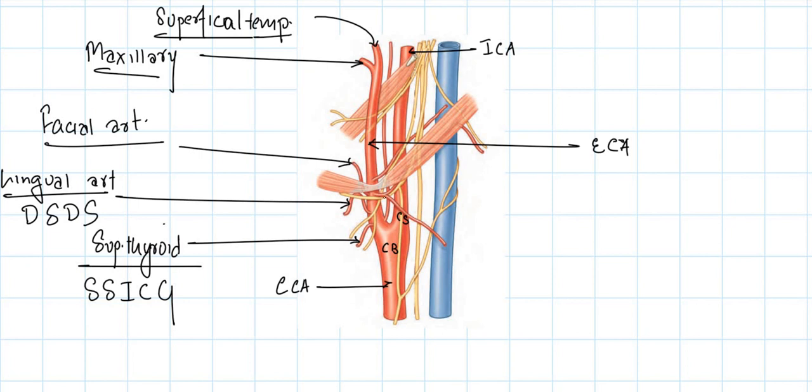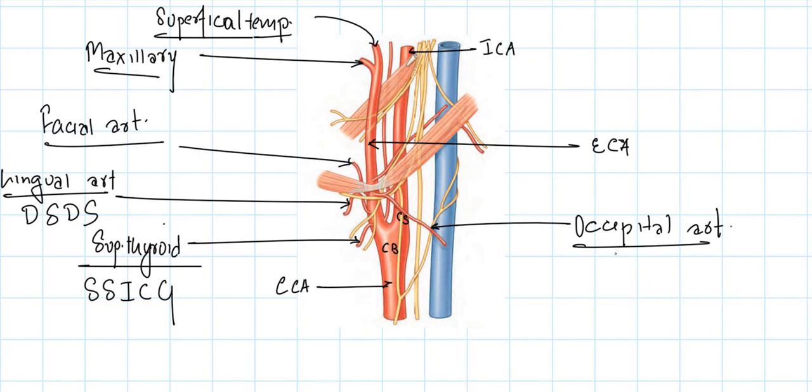Yes, you can see this artery right here. This is a posterior branch, and this is the occipital artery. The occipital artery also has some branches. What are those branches?